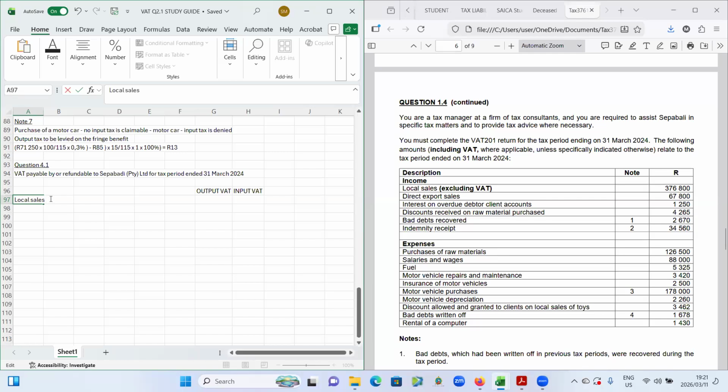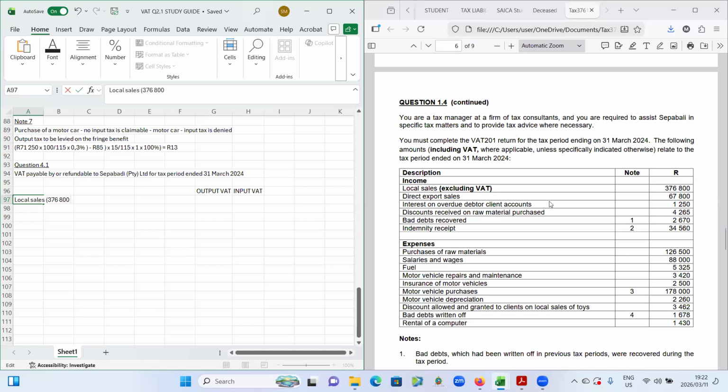On sales, that's where you must calculate output tax. Local sales, we know local sales are taxable. So we get 376,800 rand. Remember, this amount, we must calculate the value-added tax portion in the amount.